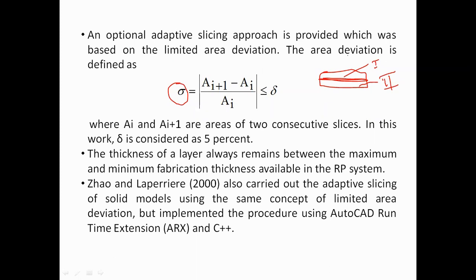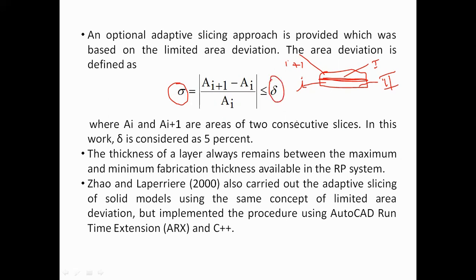It will be the area of the (i+1)th slice minus the area of the ith slice, divided by the area of the ith slice, and that ratio should be less than or equal to delta.